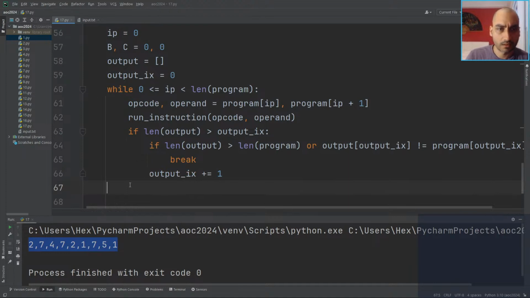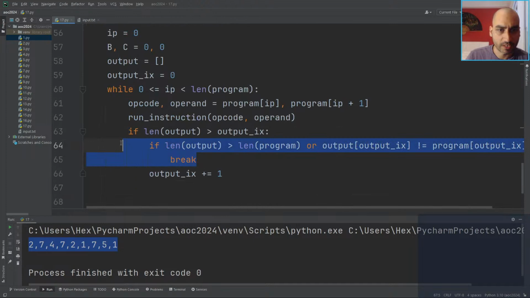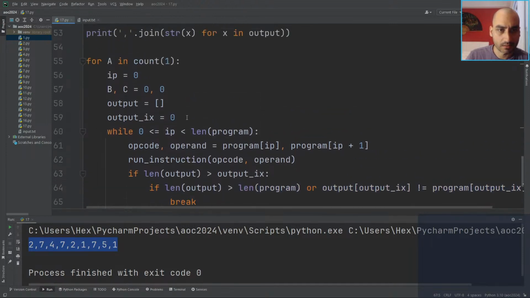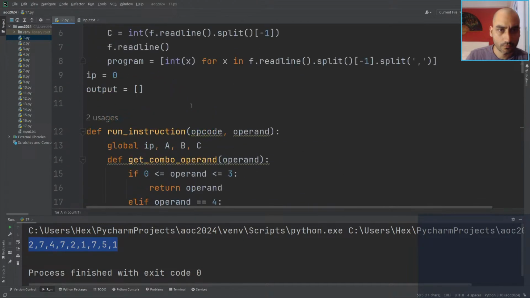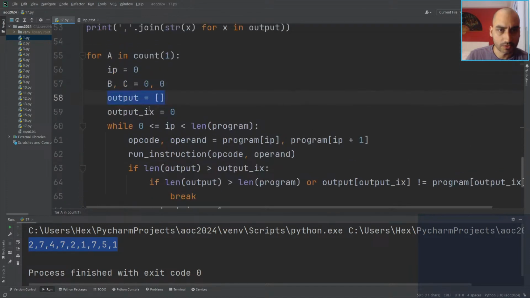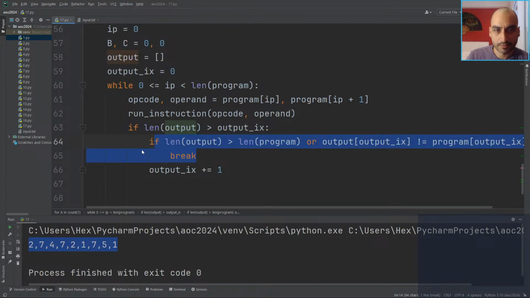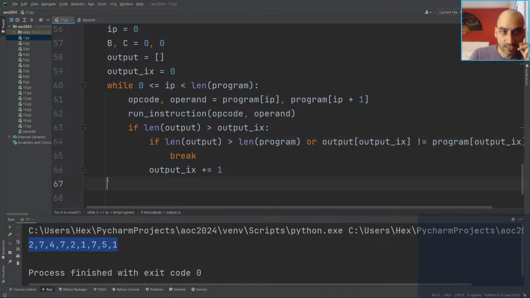So if we get here and output is identical to... We don't really need this step, but there are some values of A which might loop or make massive things, so yeah, we probably do need this step.